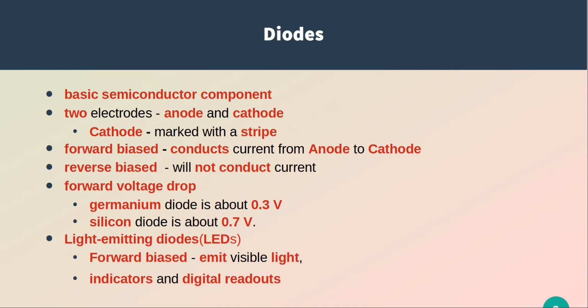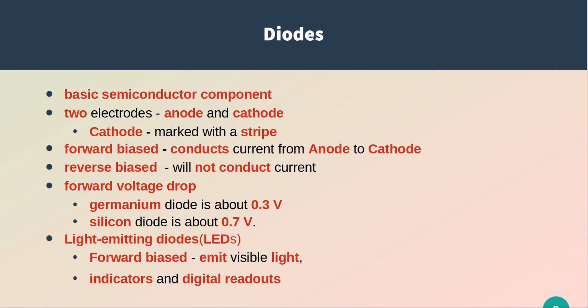The basic diode will conduct when there's a slightly positive voltage with respect to the cathode, and it depends on the material. In the case of germanium, and some diodes are still made with germanium because it only has a 0.3 volt forward, what we call forward bias or forward voltage drop.